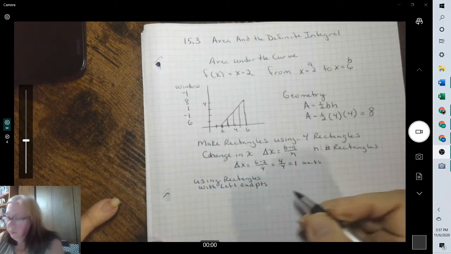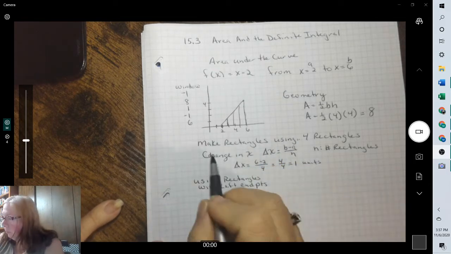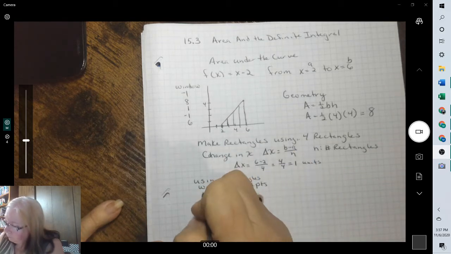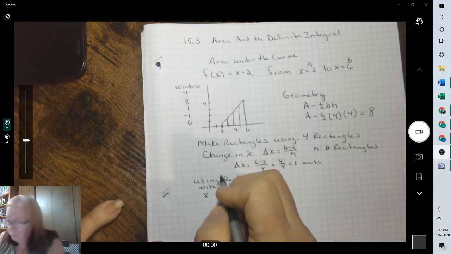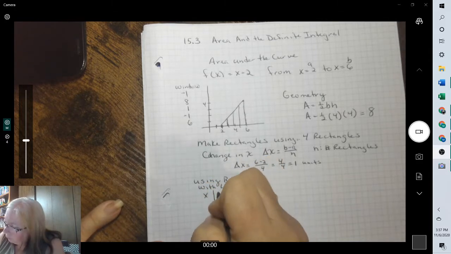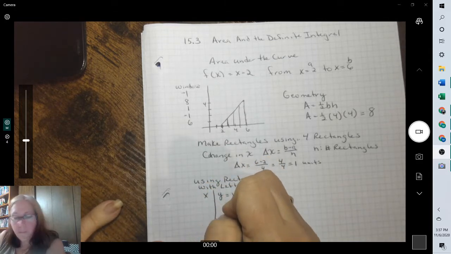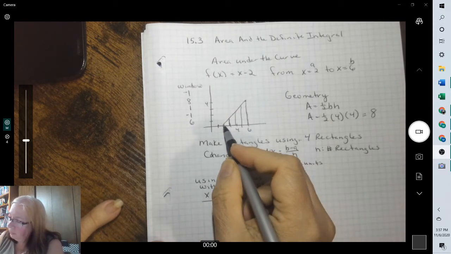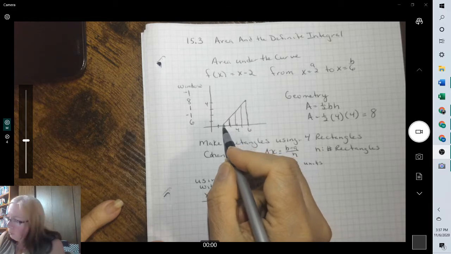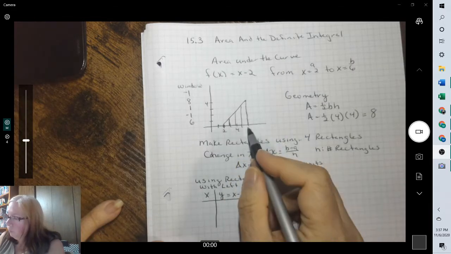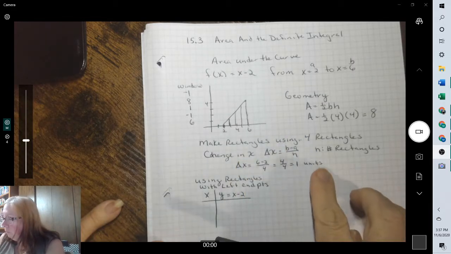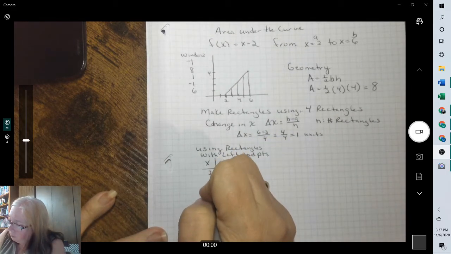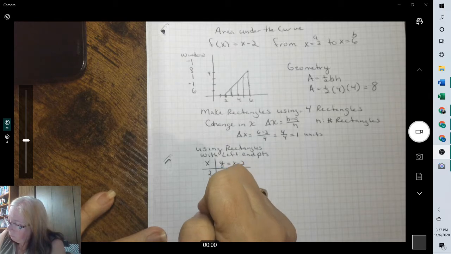Now one way of doing it is using the left endpoints. When you're looking at the rectangle you're using from the left, you're starting on the left and using 2, 3, 4, 5. We're stopping at 5 because we want 4 rectangles.